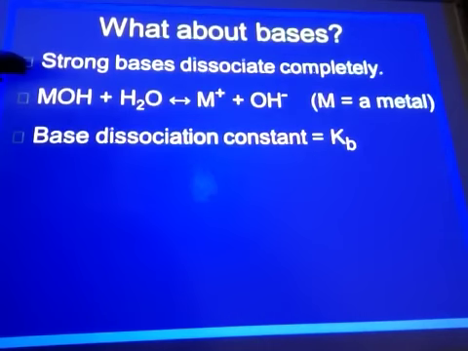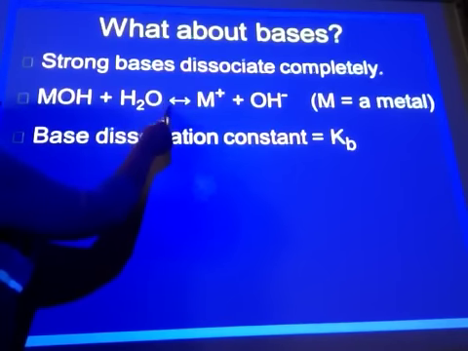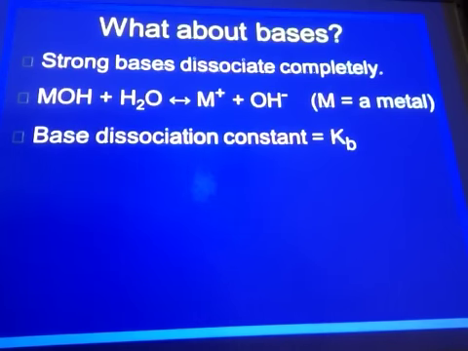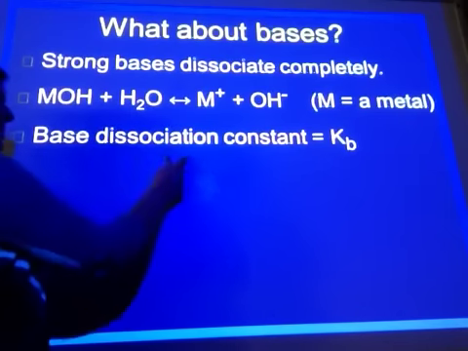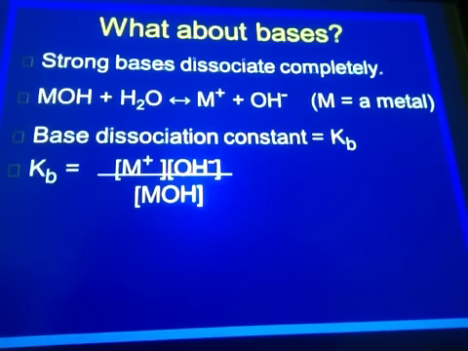So we know that strong bases dissociate completely, but I know that weak bases don't. And I know that this is a weak reaction because I see this double arrow here, this reversible arrow. So I need to find then the base dissociation. I need to find Kb to figure out how strong this base actually is.